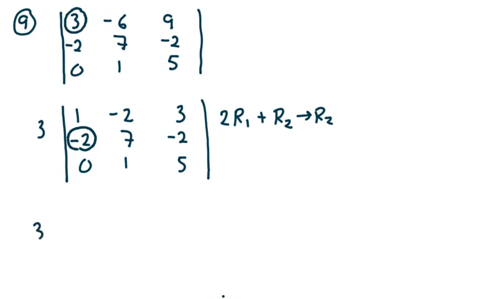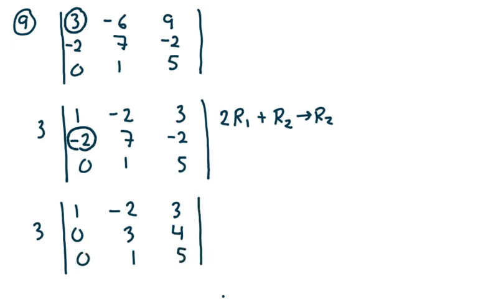When we do that, we still have the 3, and then I'm going to multiply by the determinant of 1, negative 2, 3. I'm going to put a 0 here, a 3 here, a 4 here. And that's the second row. In the third row, we get 0, 1, 5.